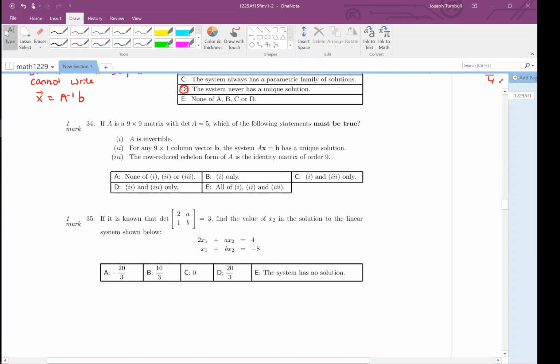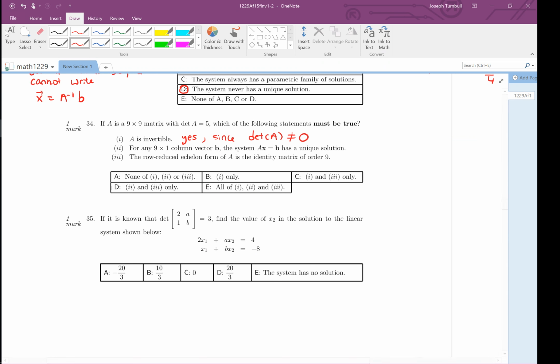Okay, number 34. If A is a 9 by 9 matrix with determinant A equals 5, which of the following statements must be true? 1. A is invertible. Yes, since the determinant of A is not 0. 2.